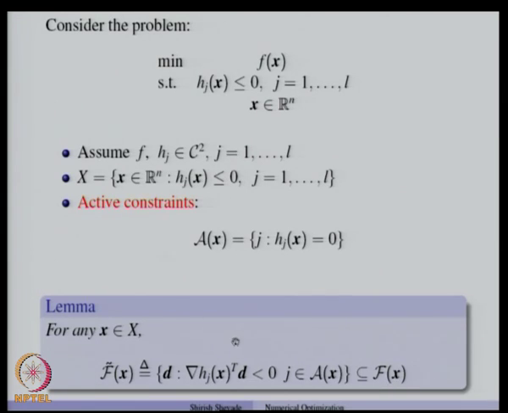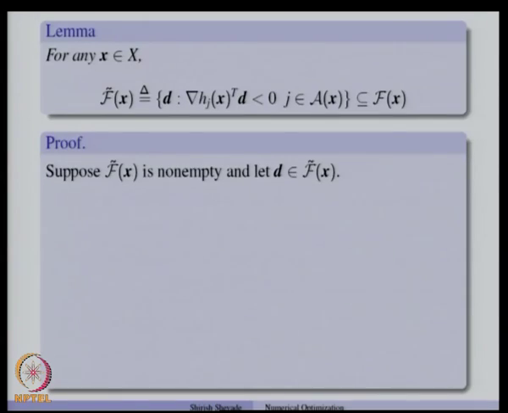Now, the important thing about this result is that we are able to get a set in terms of the gradient of the active constraints, and that set turns out to be a subset of f x, and this set f tilde x will be useful for writing our optimality condition. Okay. So, let us look at the proof of this lemma.